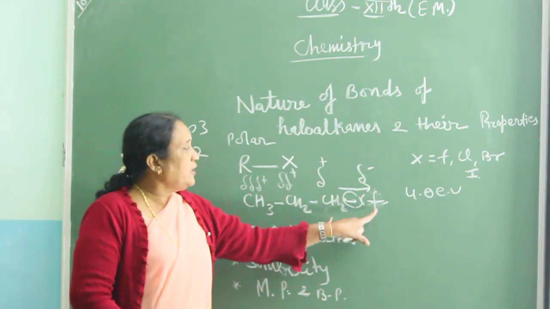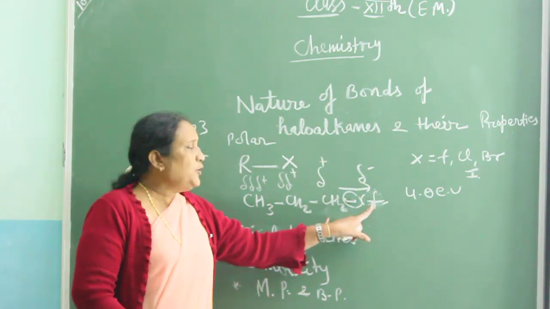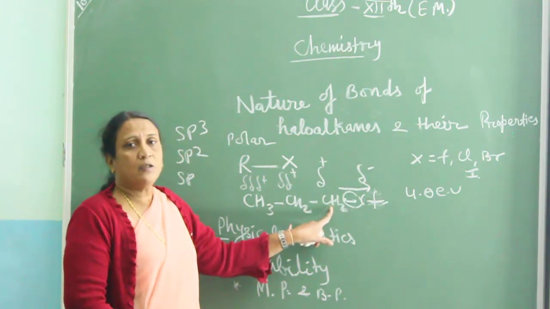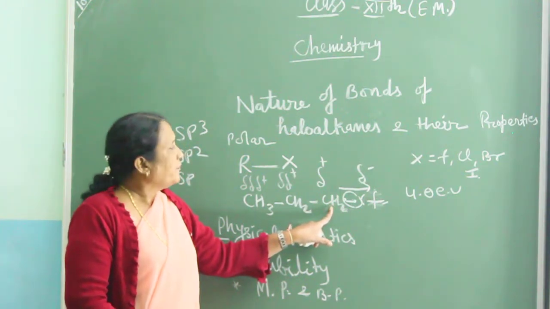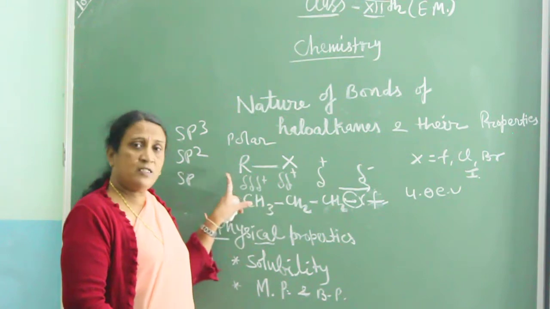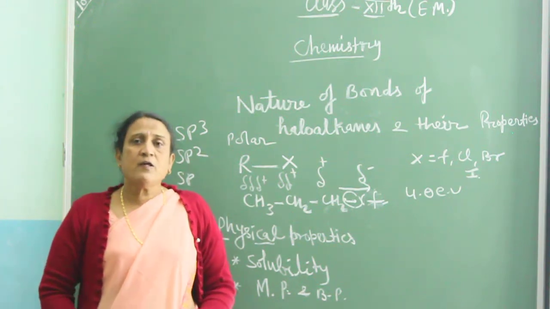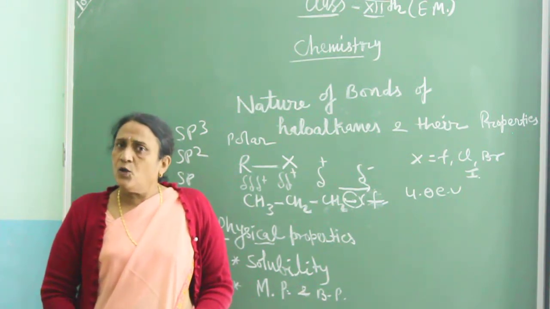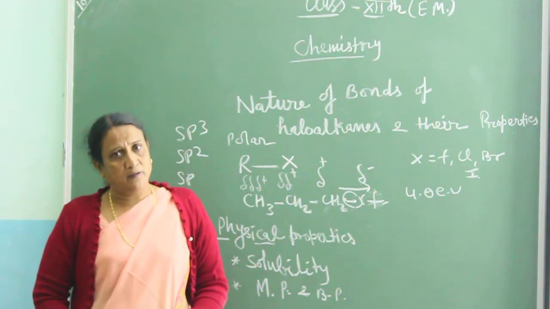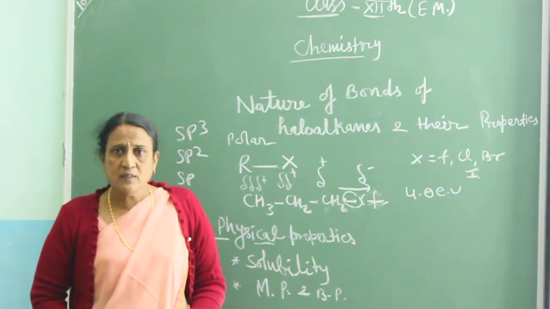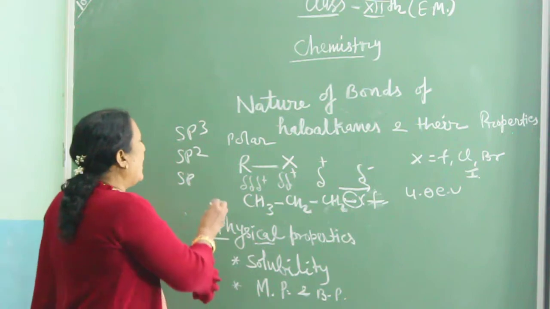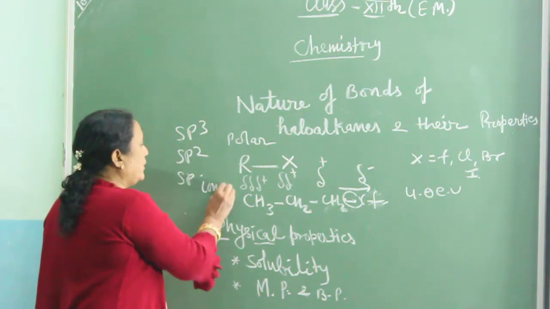So a partial negative charge is developed, and due to the lack of electron density near the carbon atom, a partial positive charge is developed. Now the bond is not a pure covalent bond. Now it is mixed and it will have ionic character developed on it.